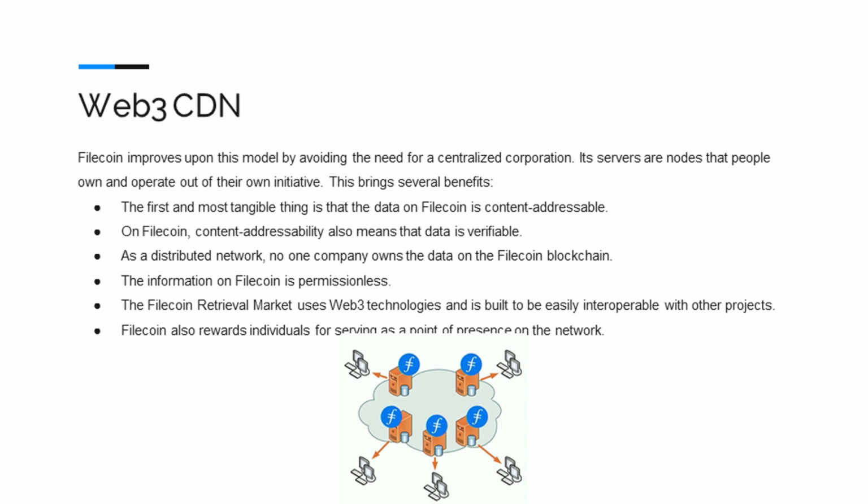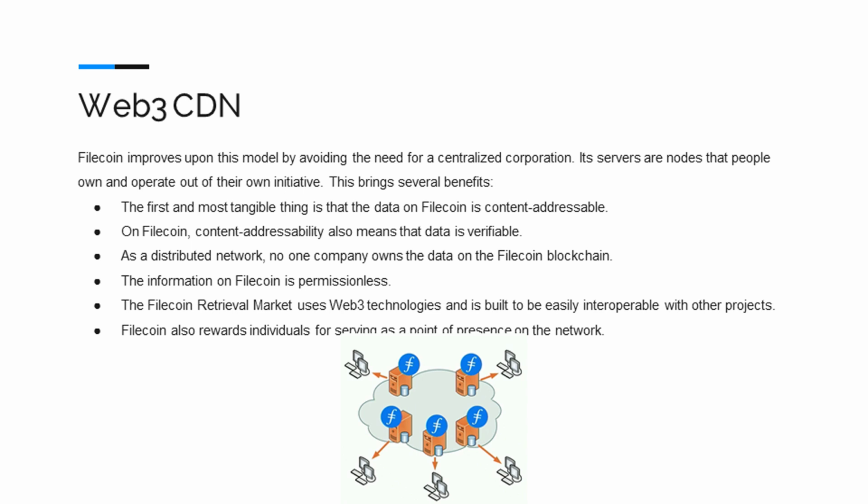Another advantage is that as a distributed network, no one company owns the data on the Filecoin blockchain. Data stored on it is immutable and can be stored permanently across the network. Likewise, the information on Filecoin is permissionless, meaning that anyone who wants to can spin up a point of presence, fixing that annoying issue in traditional CDNs where they lack presence in a location.